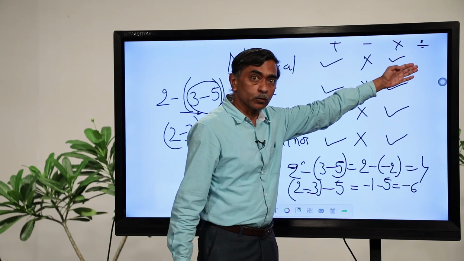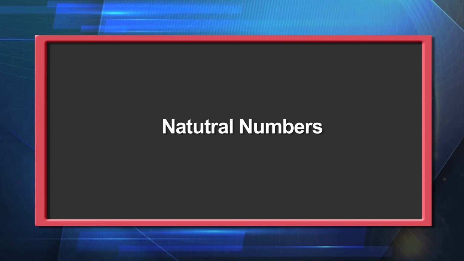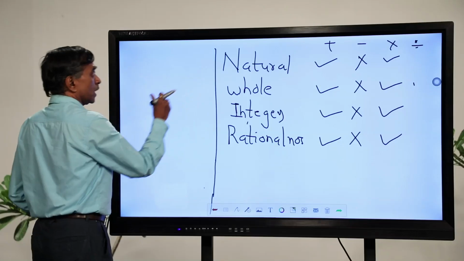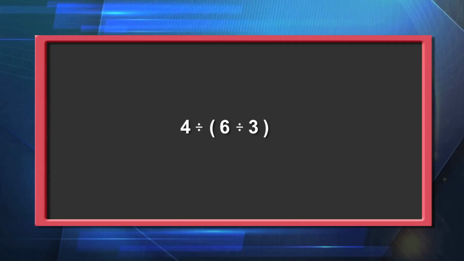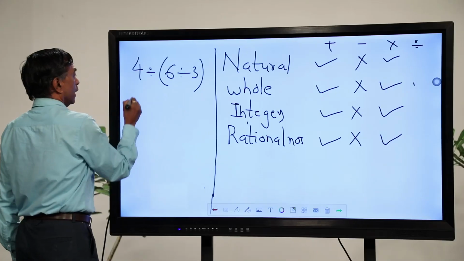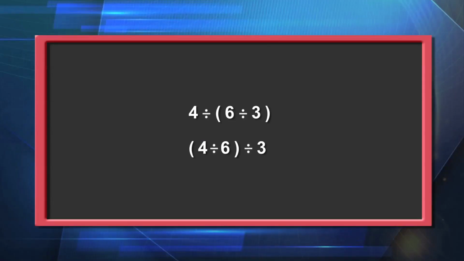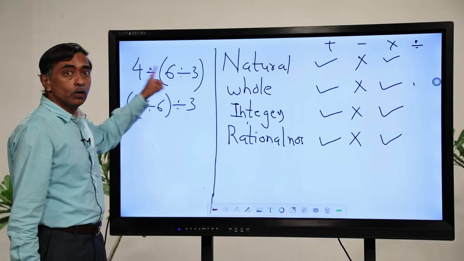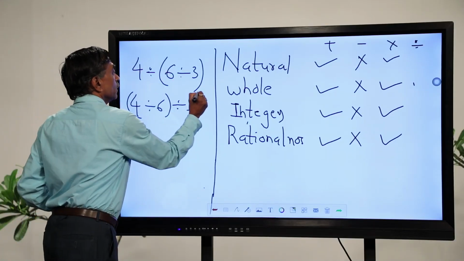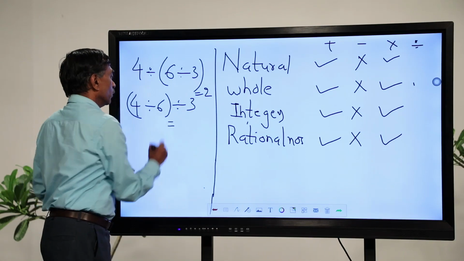Check for division also. So under the operation of division, let us try for natural numbers. What do you get? 4 divided by 6 divided by 3, with brackets in two different places. Try doing it for yourself. You will find that 6 divided by 3 is 2, 4 divided by 2 is nothing but 2 again. What about this particular thing?